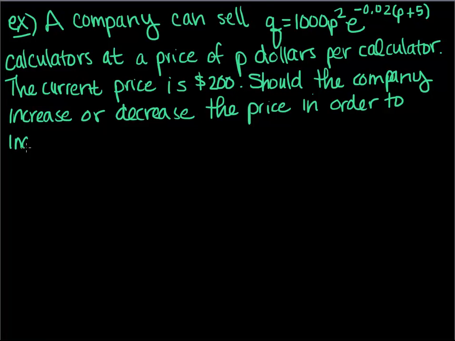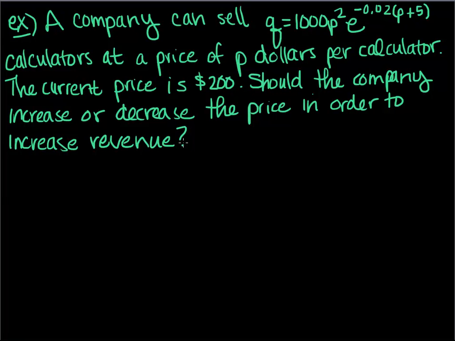Remember, revenue is not the same as profit. If we were given a cost function, we could figure out what our actual profit would be. So a company can sell that many calculators at a price of P dollars per calculator. The current price is $200. Should the company increase or decrease the price in order to increase revenue?